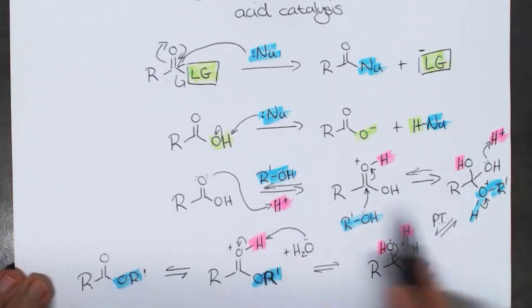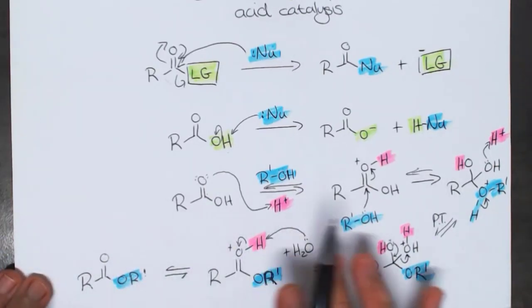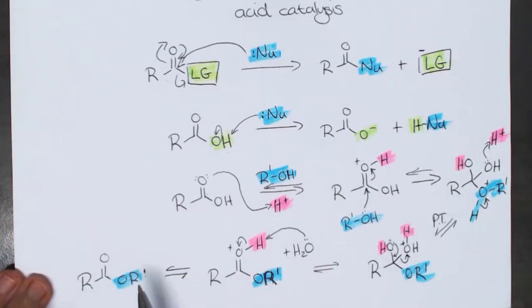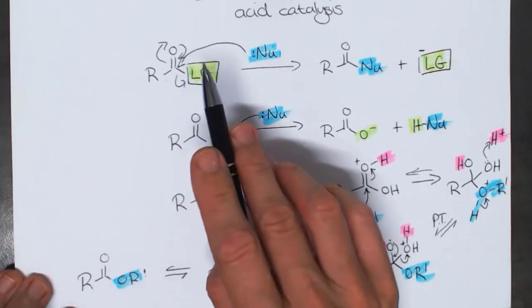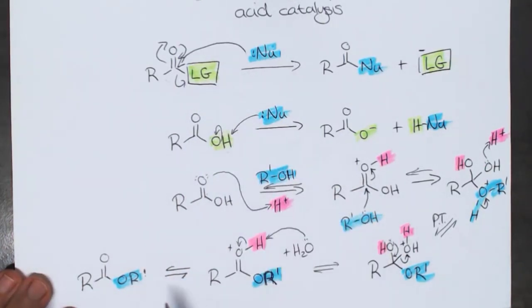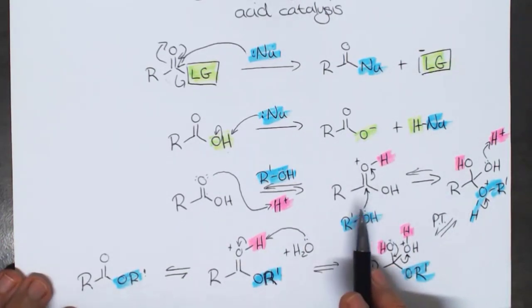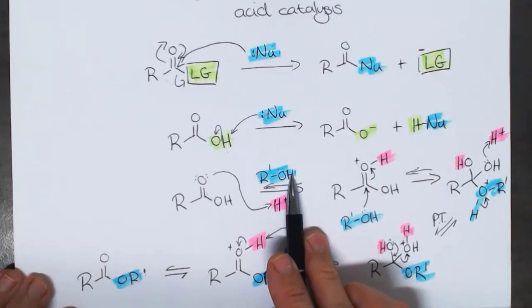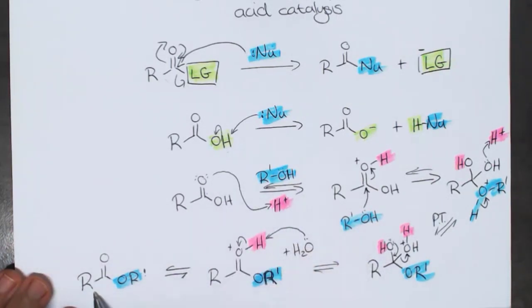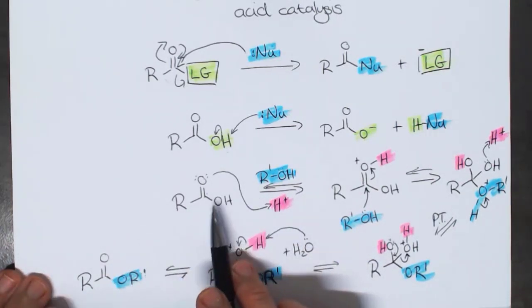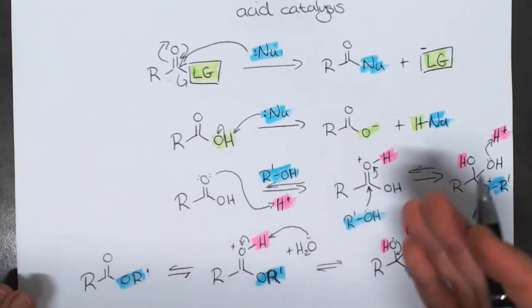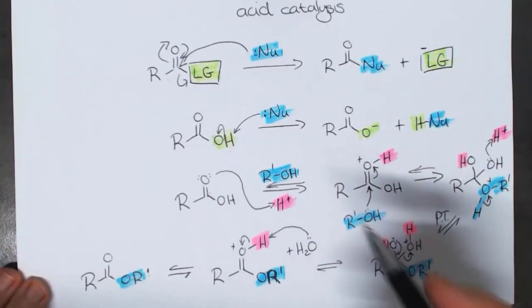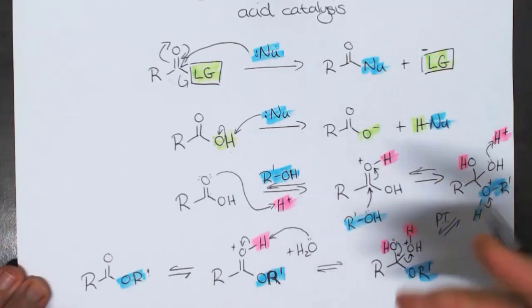The problem with this reaction, though, and why it is often not used in the lab to make esters, we actually prefer to use an acid chloride as an example, is that this is a full equilibrium. And that means that if you've got one equivalent of this and one equivalent of this, you basically get a 50-50 mixture. We can make this reaction work a lot better if we can somehow take the water that's formed off, using Le Chatelier's principle.